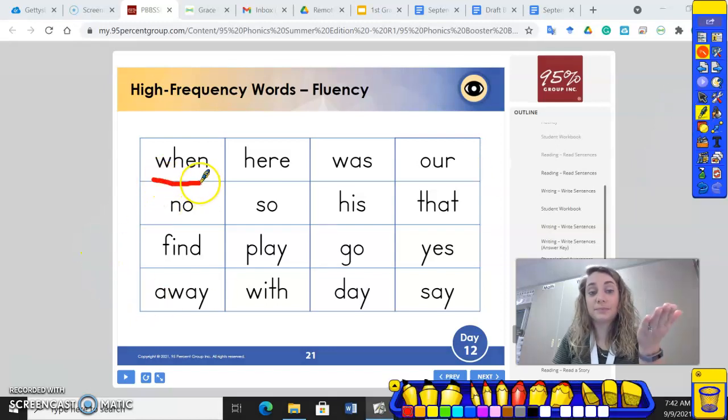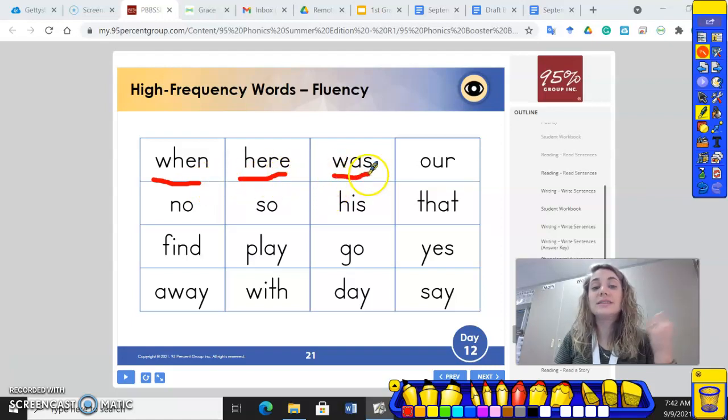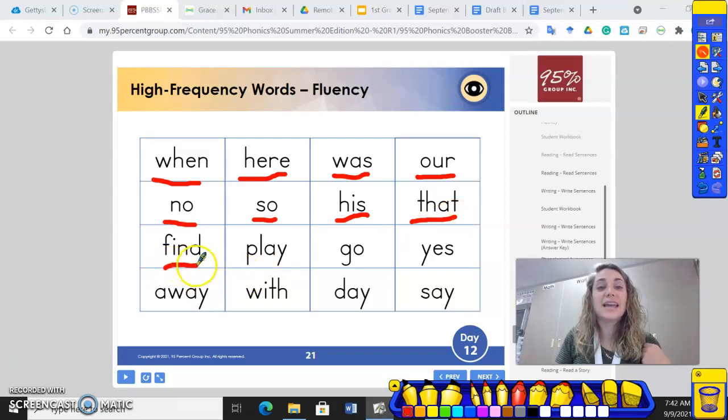When, here, was, hour, no, so, his, that, find, play, go, yes, away.